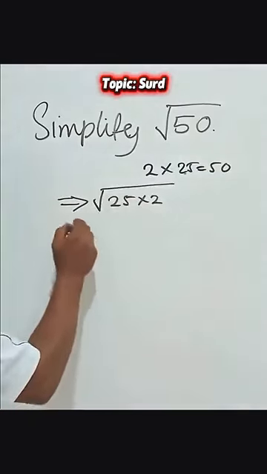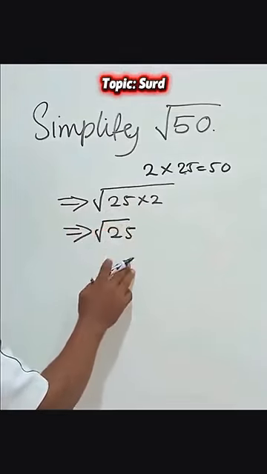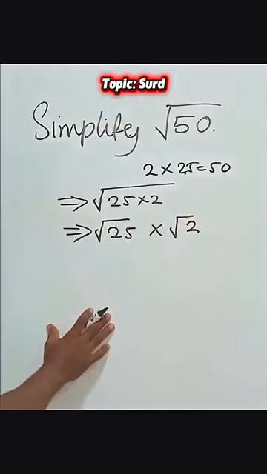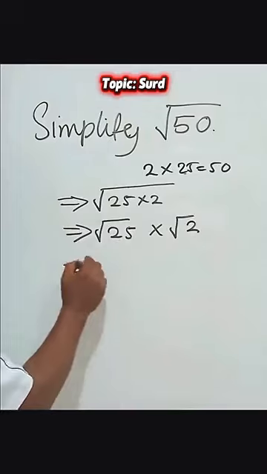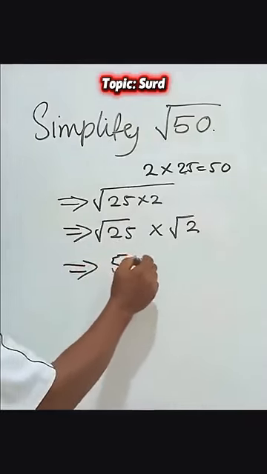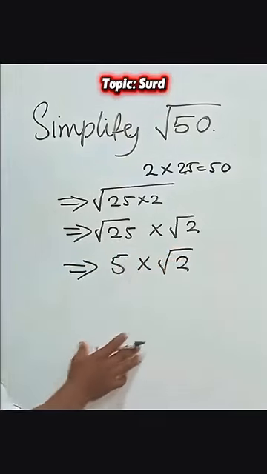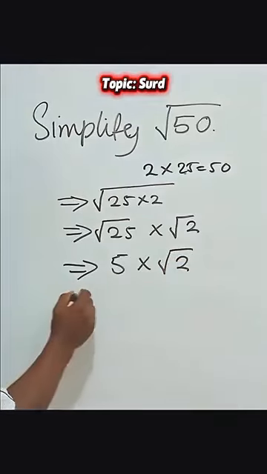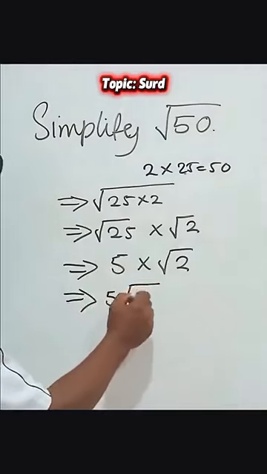This is the same thing as the square root of 25 multiplied by the square root of 2. The square root of 25 is 5. Therefore, 5 times the square root of 2. Since the square root of 2 is a surd and cannot be expressed as a whole number, our final answer becomes 5 root 2.